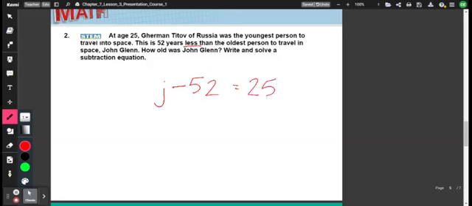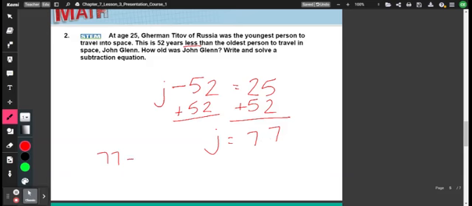So we're going to add 52 to both sides, which gives 25 plus 52 is 77, so J equals 77. And again, if we put 77 in where the J was, 77 minus 52 equals 25.